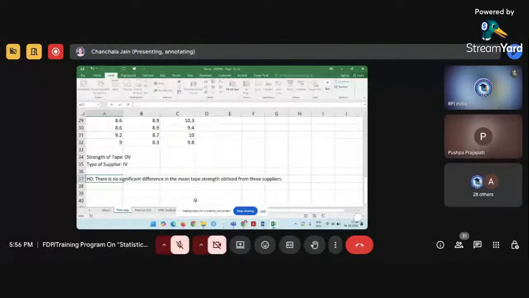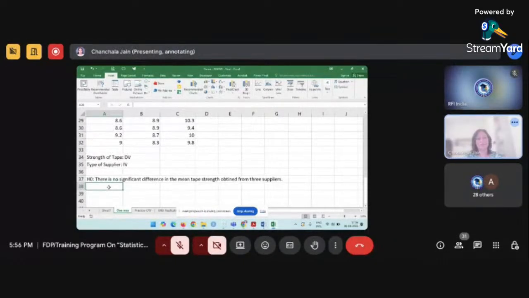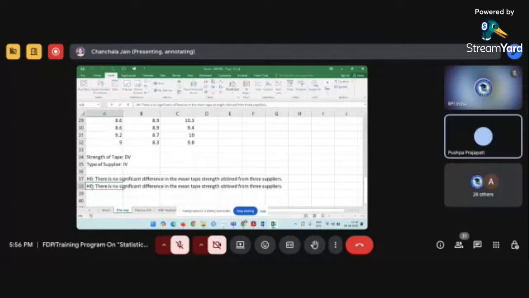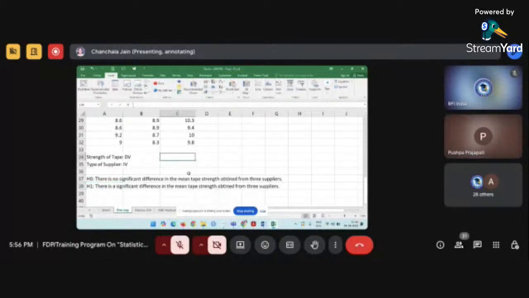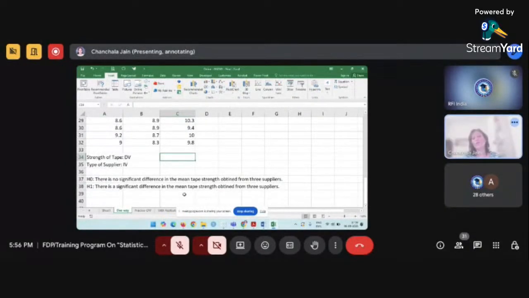Is it fine? Yes, ma'am. Alternatively, I can say there is a significant difference in the mean tape strength obtained from 3 suppliers.